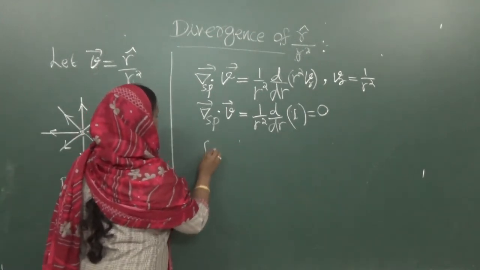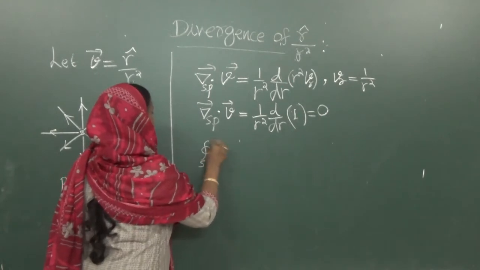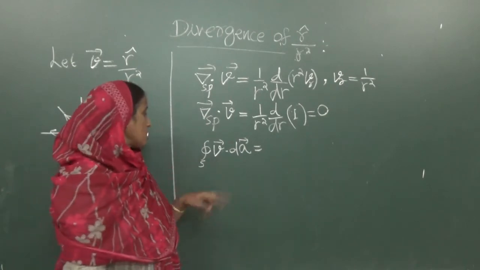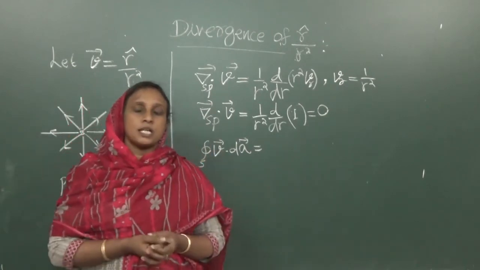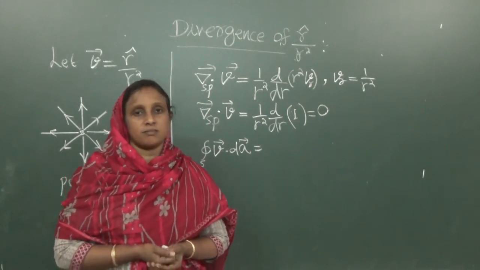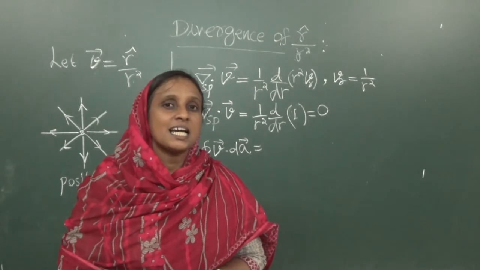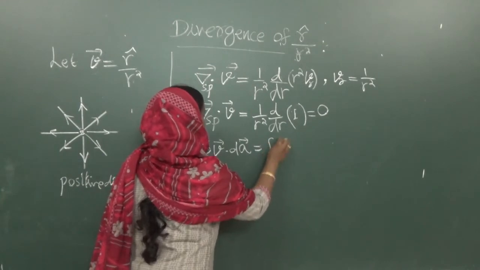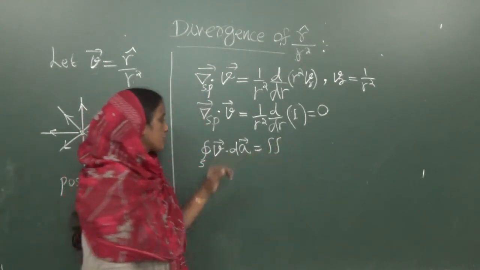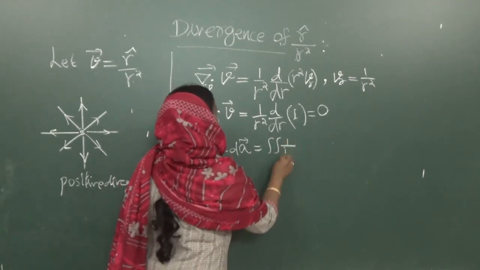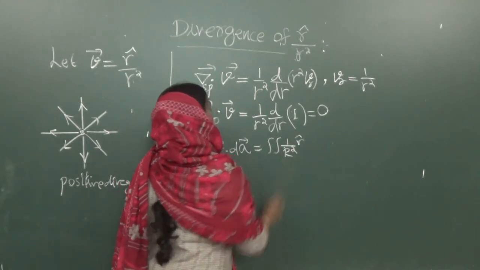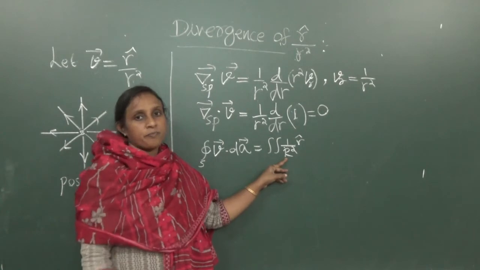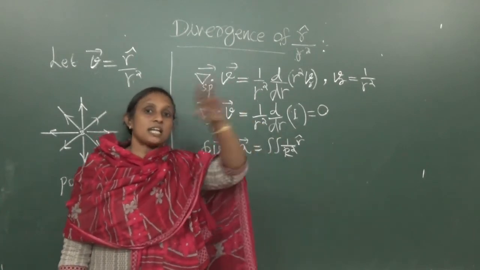Consider a closed surface S, the surface integral of V dot dA, and here we assume this surface as a sphere of radius capital R. We need the vector on the surface of this sphere.